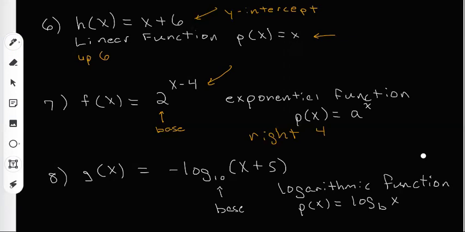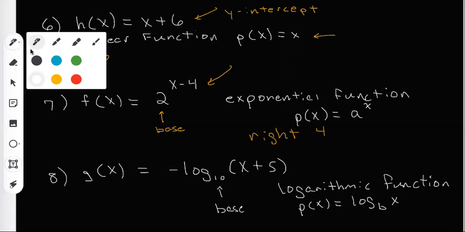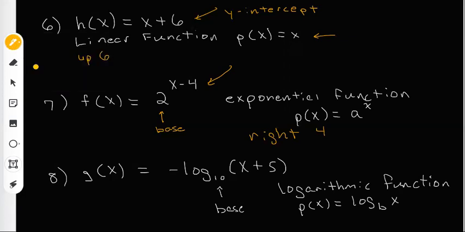So what's going on here? Well, in terms of transformations, we have a negative out front. That means we're reflecting this over the x-axis. But also, I want to call your attention to this. We're adding 5 on the inside.